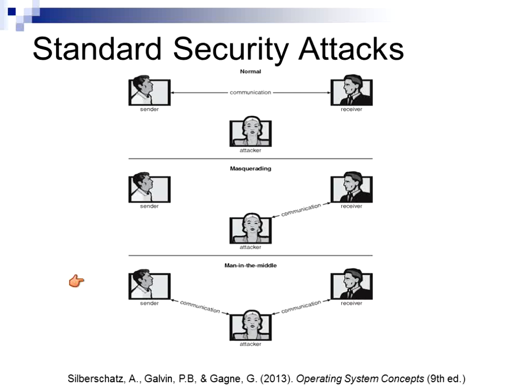Or we have man in the middle, where the attacker masquerades as both the sender and the receiver to the two different parties, so they're holding both sides of the conversation and deceiving both the original sender and the original receiver. So these kinds of security attacks happen in a system.